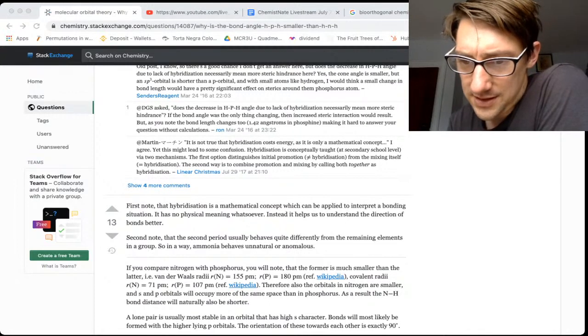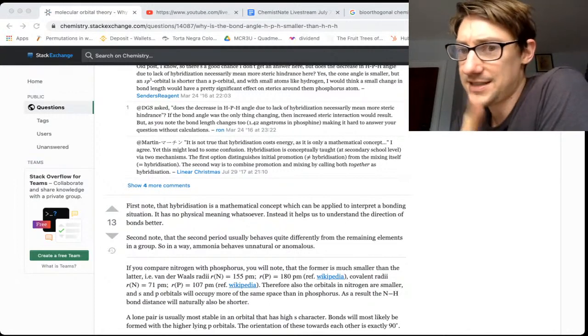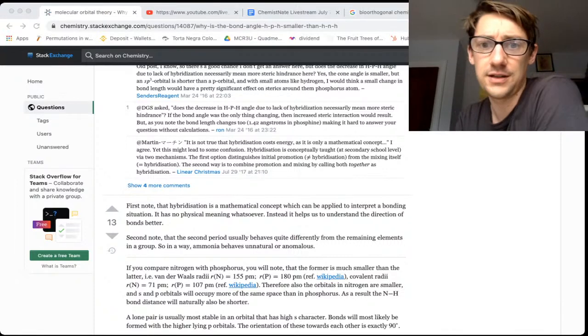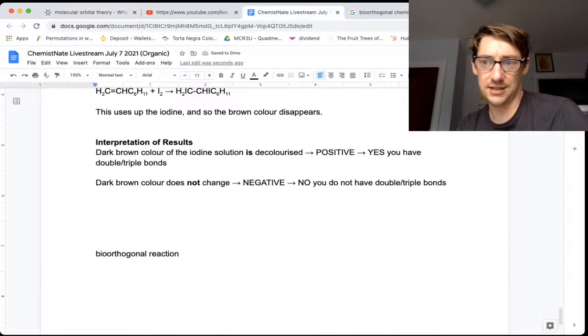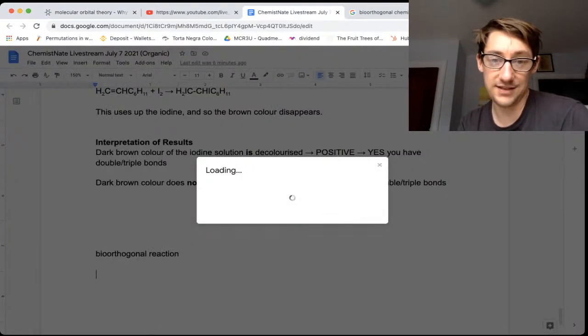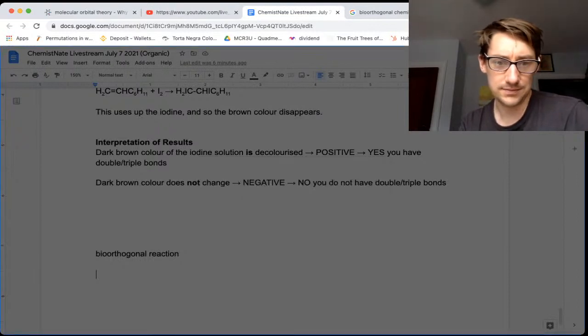Nucleophilic substitutions. We've already done that today. Not sure if I covered it in enough depth for you, but I can share this document with you. And then the last thing here is another thing that I've never heard of in my life.